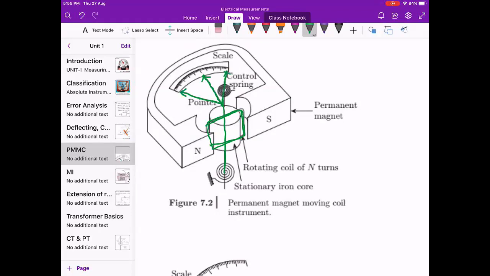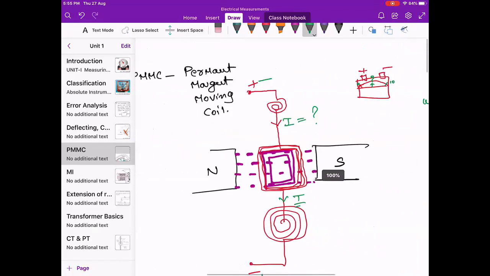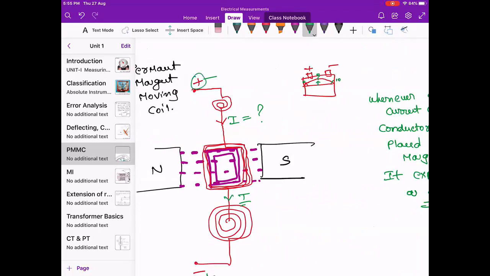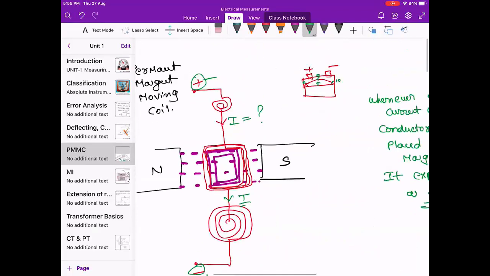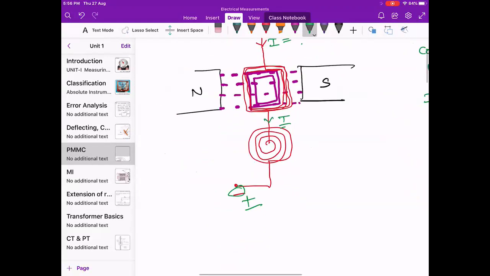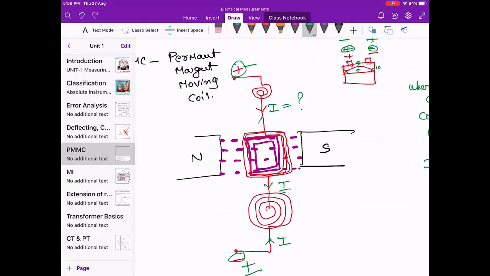Whenever that current is there, it experiences a force in the clockwise direction, for the red color currents. If somebody connects positive here and negative here, they have to give the positive terminal of DC here and negative here, but mistakenly they interchanged them. Then current will start like this and come out like this.